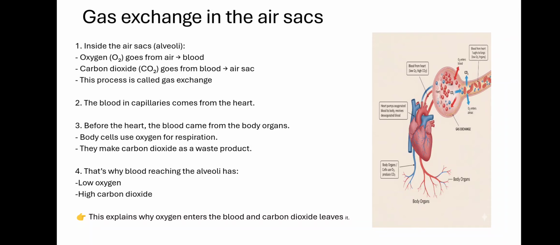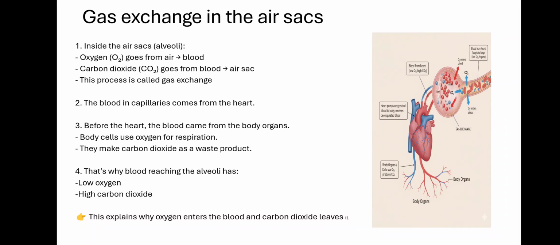So that is the reason why the alveoli have a higher amount of oxygen, and the carbon dioxide will be very less in the alveoli. But what would be the condition in the blood capillaries?